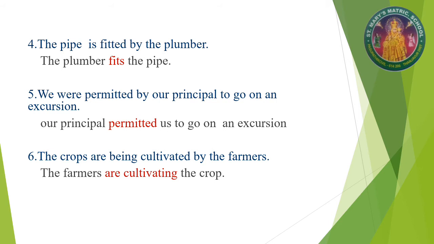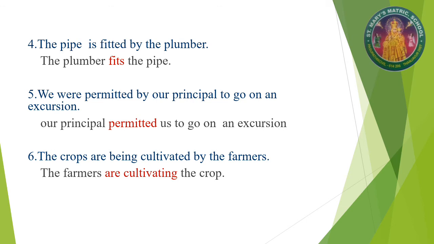If you see being, it is a continuous form. Then find out what it is. It is a present continuous or past continuous. So are, it is a present continuous form. If it is given were, it is a past continuous. So write the are here as it is. You have to remove the being in active voice. Being you have to remove, and cultivated will be changed into cultivating.